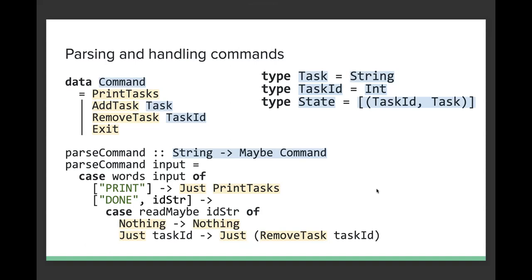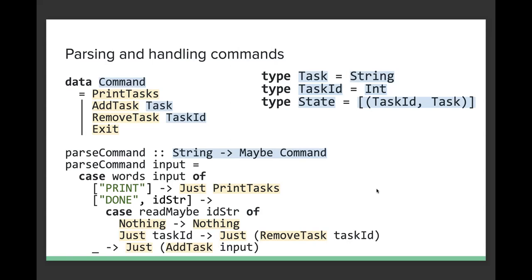Finally, if it's not print and it's not done, oh, I forgot to parse exit, but you can imagine that I did not forget it. And at the end, of course, if it's not print or done or exit, then whatever else, I just interpret as adding a task, and I just do that.